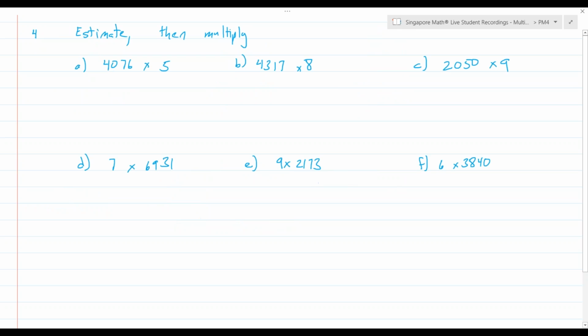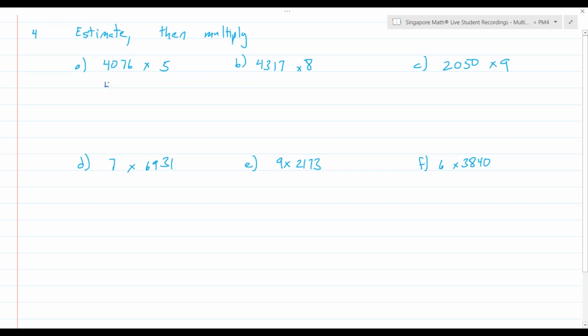So let's do some more practice on estimation. We want to estimate and then multiply, and unless they tell you how close to estimate it, it's hard to know. But the example that they gave goes straight to the nearest thousand.